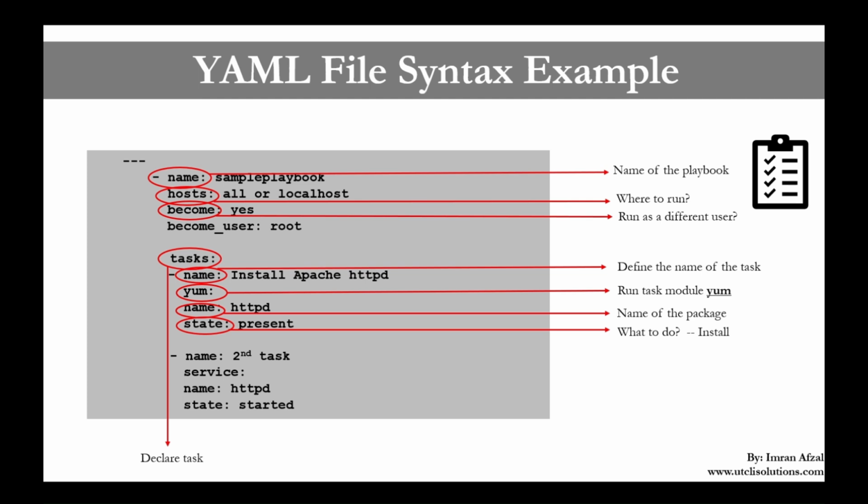And what do you want the playbook to do? You want that package to be started. So these are two tasks that are defined within the same one big task of HTTPD. You could create an additional task if you wanted to install another package, but that will be in a different indentation.